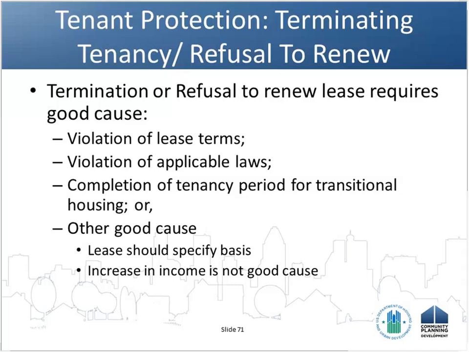Also keep in mind the tenant's rights. If we're going to either terminate a lease or refuse to renew that lease, we have to have cause for that. It could be a violation of those lease terms or applicable laws, or, in the case of transitional housing, where that term has been completed.